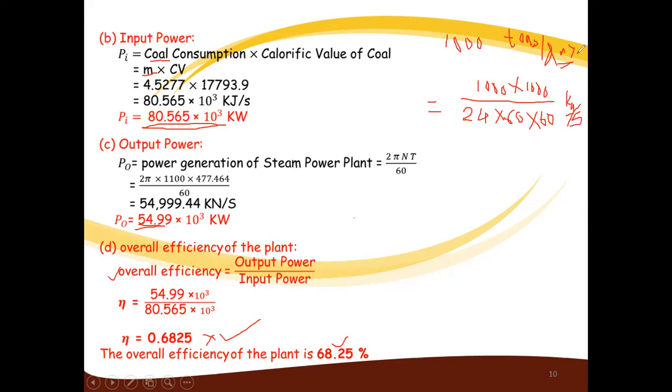This is very important because in some problems it is asked that the coal consumption is in tons per day. So we have to convert that day into hours. So in a day there are 24 hours. Then hours into minutes 60, minutes into seconds again 60, and tons into kg, it is nothing but the value into 1000.